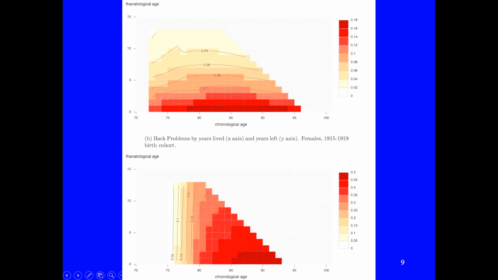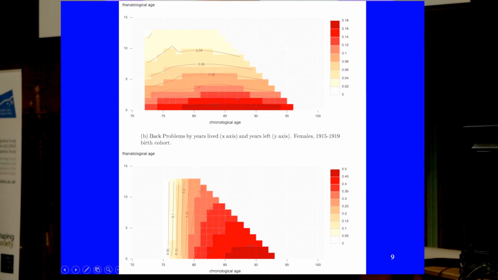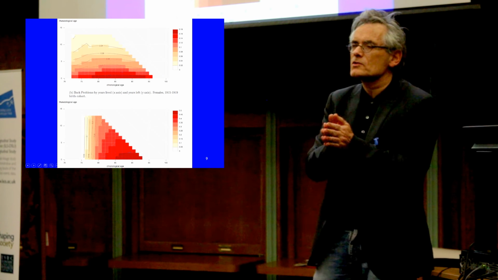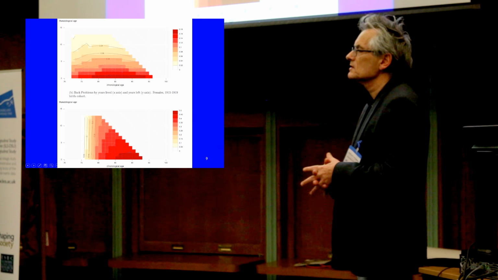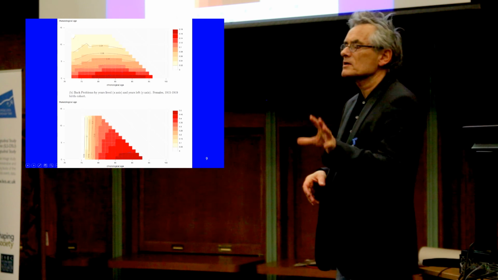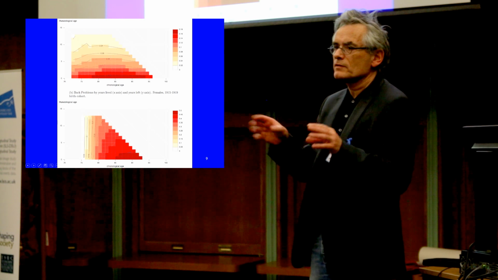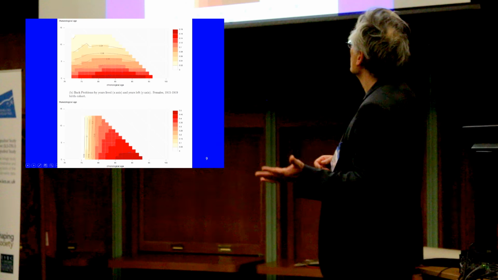So we took the cohort of people born 1915 to 1919 on the basis that almost everyone from that cohort has now died, and looked at their responses to the survey over the 20 years or so from about 1992 to 2011, which allowed us to capture data on the onset of different health conditions or life transitions and so on.